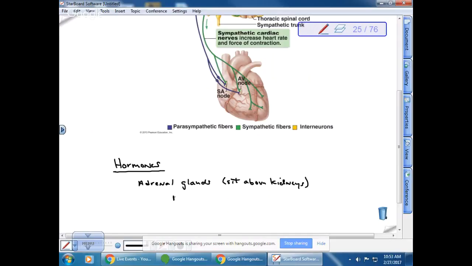These release norepinephrine, which is kind of the fancy name for adrenaline. So with stress, your adrenal glands can release norepinephrine, and this is going to increase heart rate. So both the nervous system and the endocrine system are extrinsic regulators of heart rate.